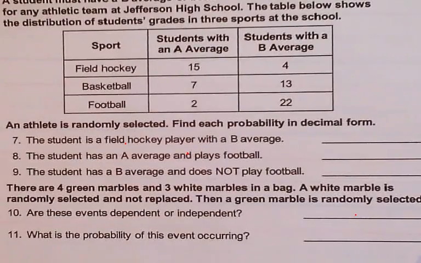And it tells you right here, I did not replace it. So that means it's dependent, because the probability changes if I don't put the marble back in the bag. What's the probability of this event occurring? Well, if I pick a white marble, that's 3 chances out of 7.